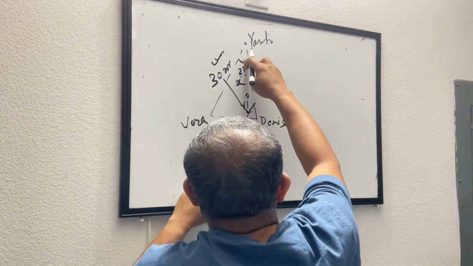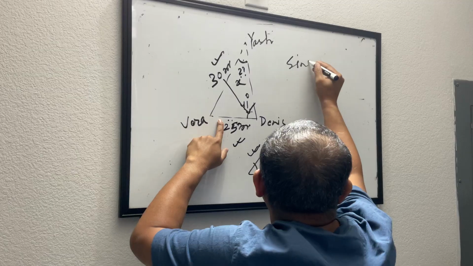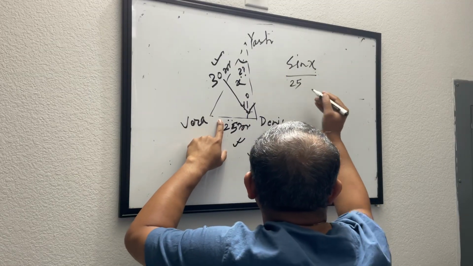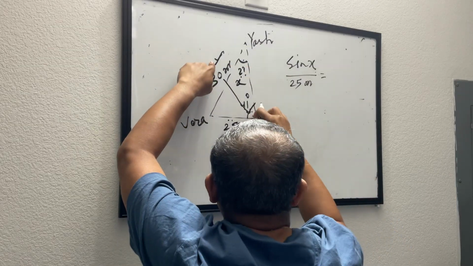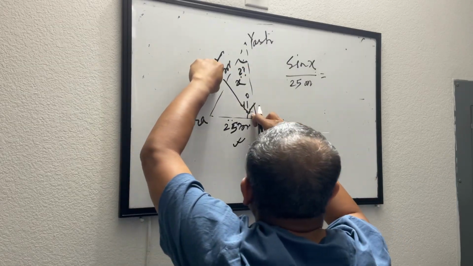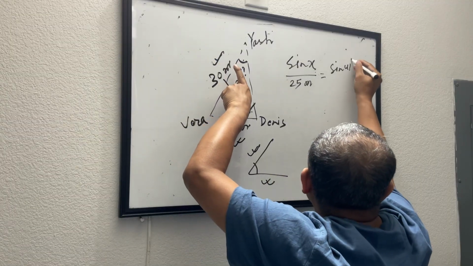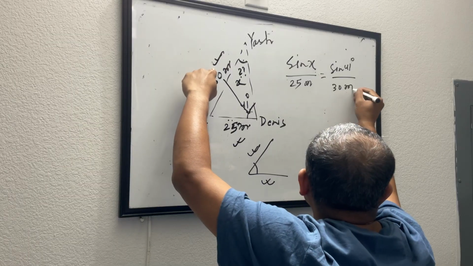So this angle is not known. Let's say this is x. So sine of x divided by the side opposite to that, which is 25 meters, is equal to, let's look at the other pair where we have angle and side both known. Sine of 41 degrees divided by this side, which is 30 meters.